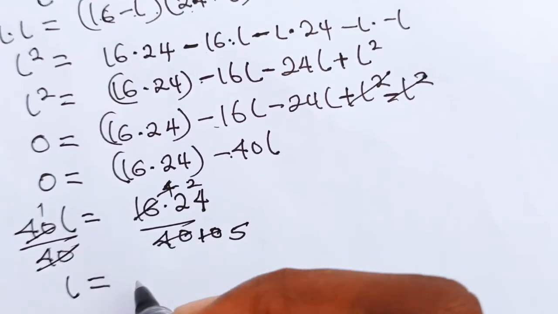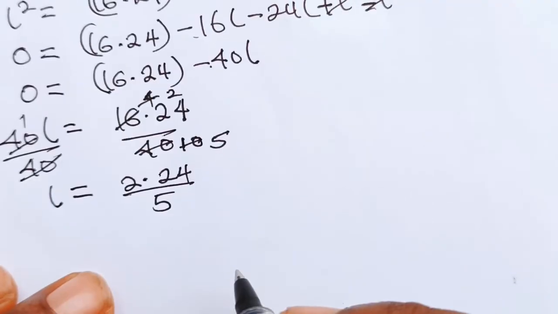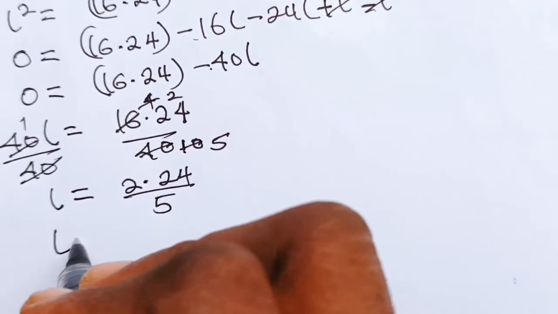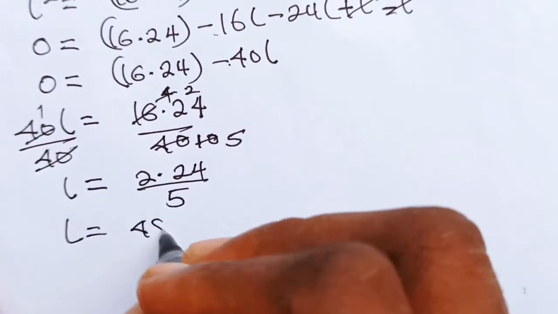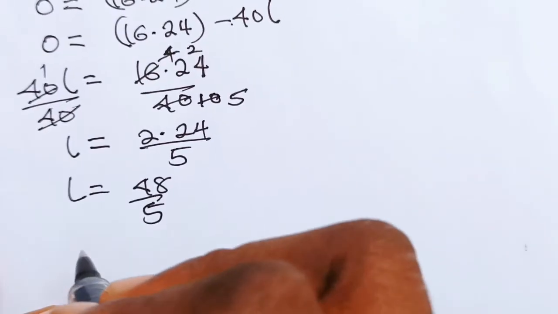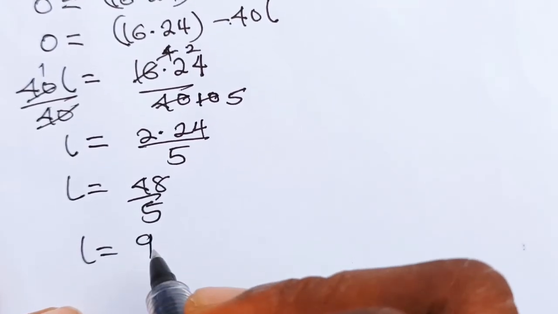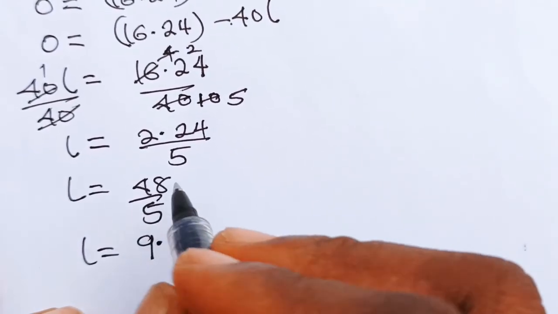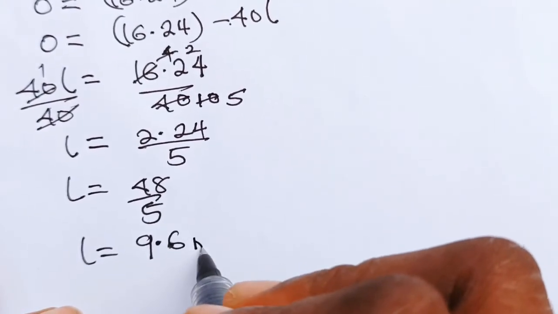So we have 2 multiplied by 24 divided by 5. So L is equal to 2 times 24, which is 48, divided by 5, which gives us 9.6. So our length is 9.6 meters.